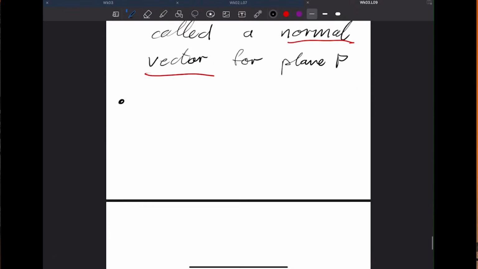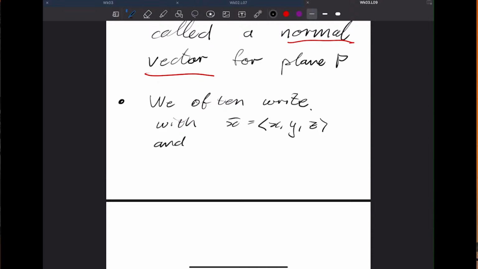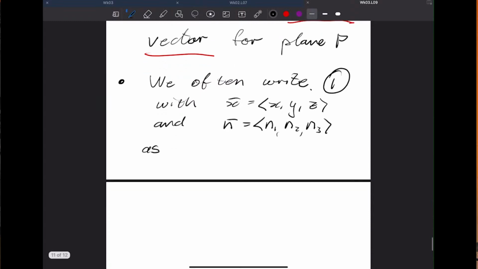So the third remark that we make is we often write, with our point x having coordinates x, y, z, and our normal vector having components n1, n2, n3, we often write equation 1 as follows.